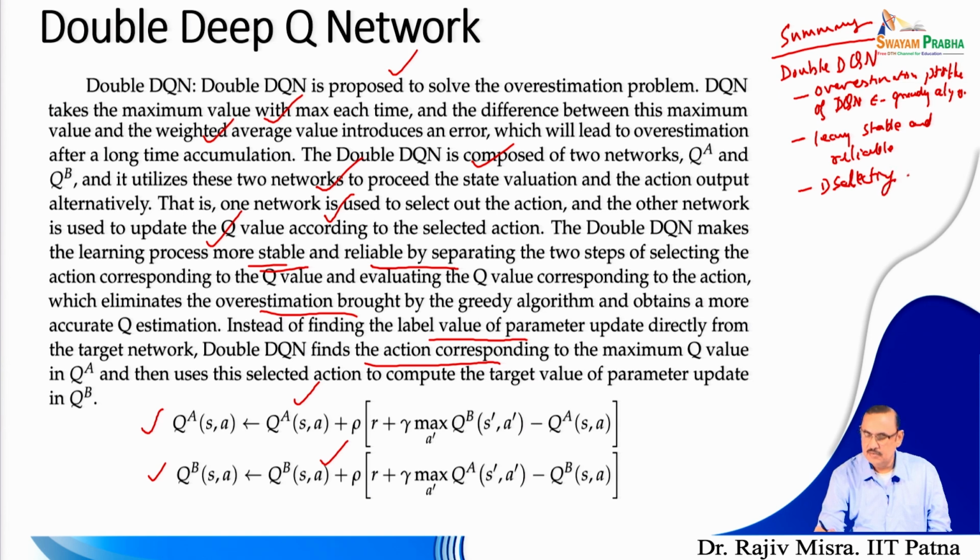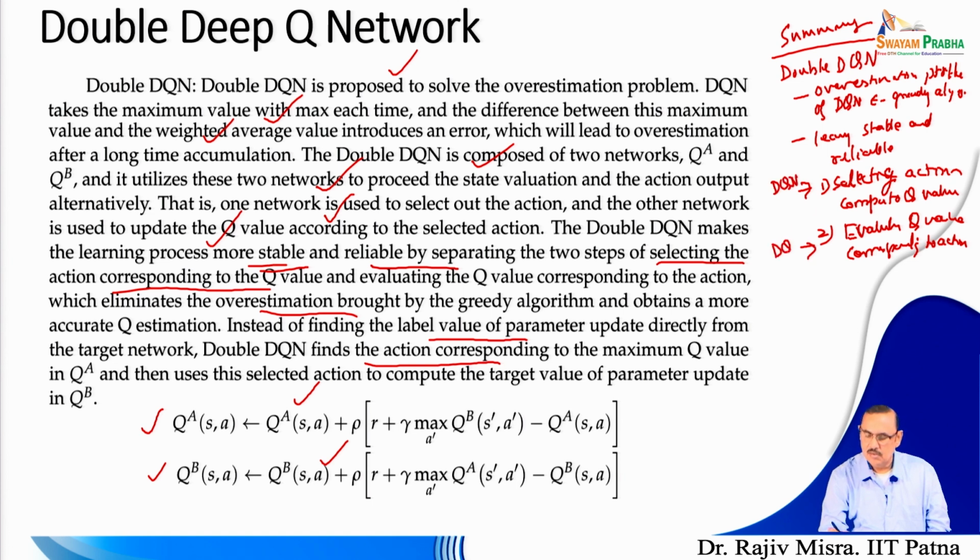The first is selecting the action corresponding to the Q value, and the second is evaluating the Q value corresponding to the action. So, this is one Q network, this is another Q network, DQN.